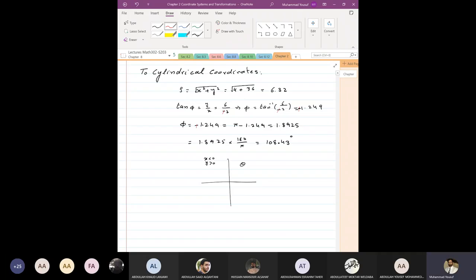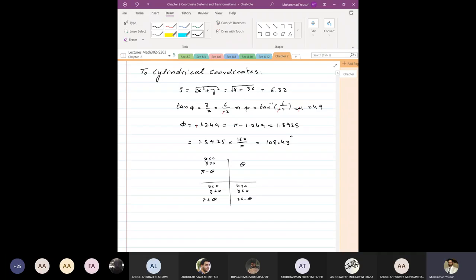Okay, whatever you get, if x is negative, y is positive, then the angle will be pi minus theta. If x is negative, y is also negative, the calculator gives you theta because it does not know they were negative. Then whatever value of theta you get, you add pi. And if x is positive but y is negative, then 2 pi minus theta.